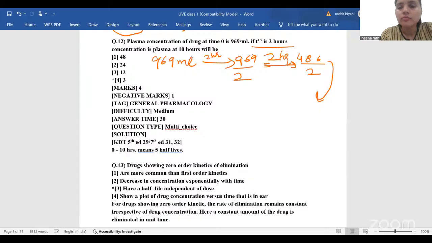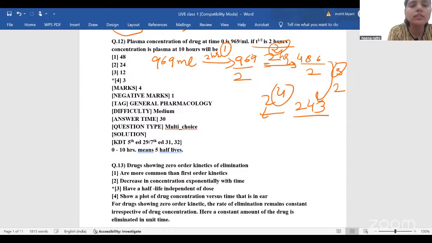Then after 2 hours, the value will be this. And after 2 hours means we have to see the half-lives. After we have seen the 10 hours, 10 hours means after 5 half-lives. After 5 half-lives, the concentration of the drug will be 30 ml.